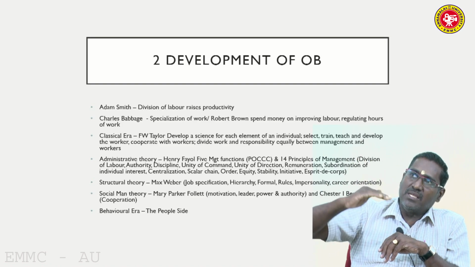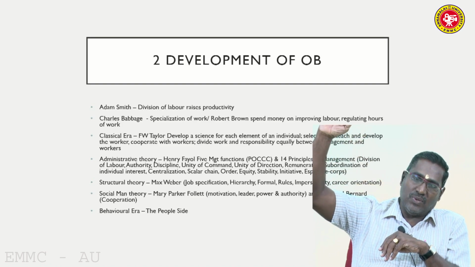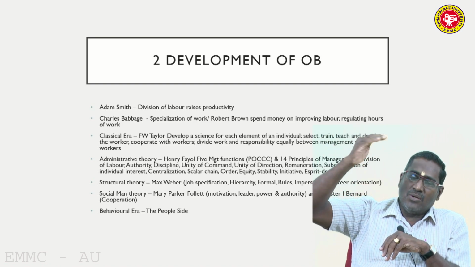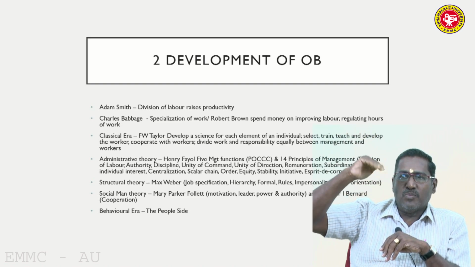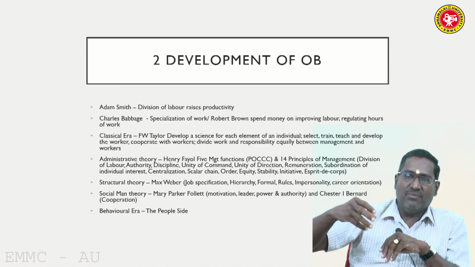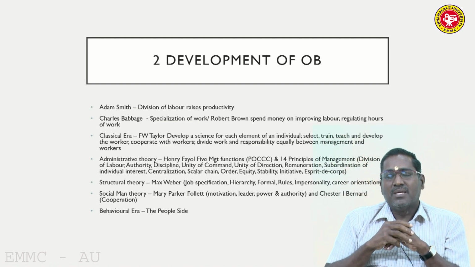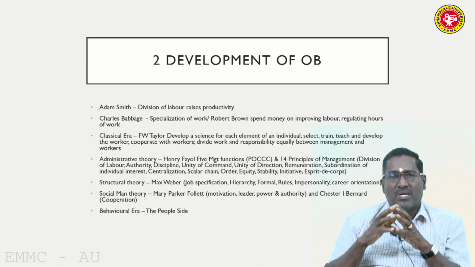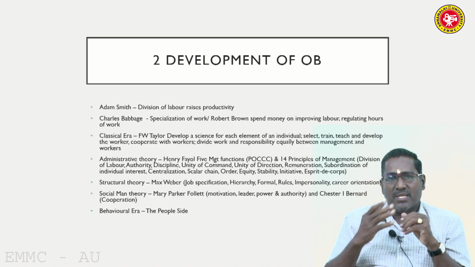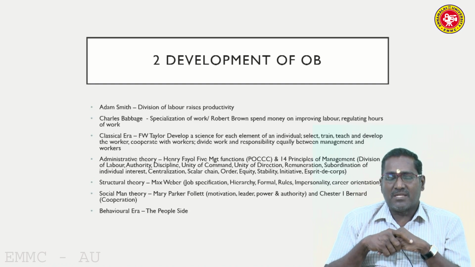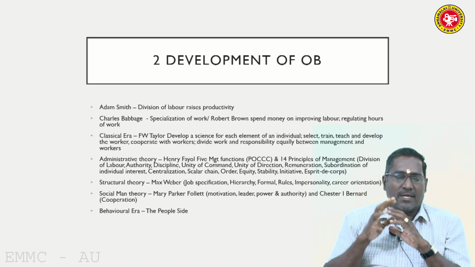So how do you raise the productivity per individual, per labor? What would be the outcome? Productivity is nothing but output by input: how much input you give and how much output you draw from it. So Adam Smith has given direction that division of labor raises productivity. That's where the commencement of the organizational behavior context started.